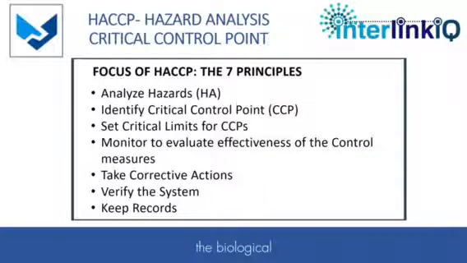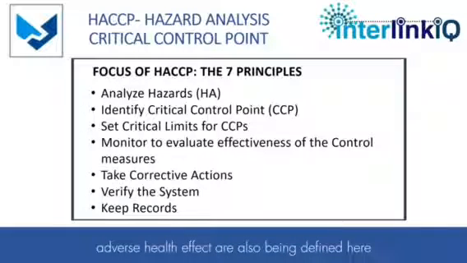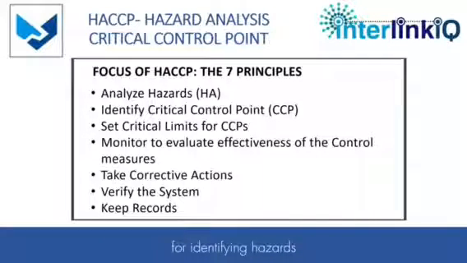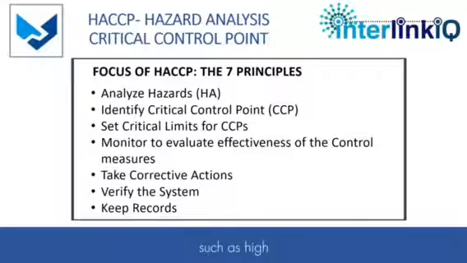The biological, chemical, and physical agents in the food that can cause adverse health effects are also being defined here. This is also where we are defining the criteria for identifying hazards, evaluation of hazards with regards to potential risks and significance of its occurrence, such as high, medium, or low risk.